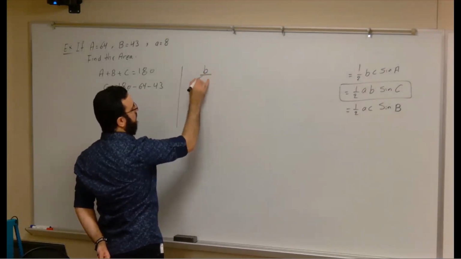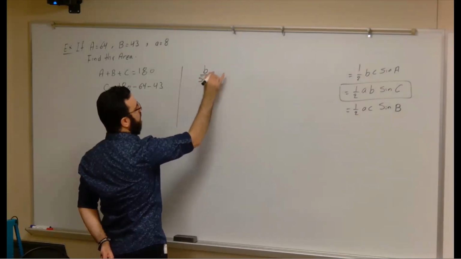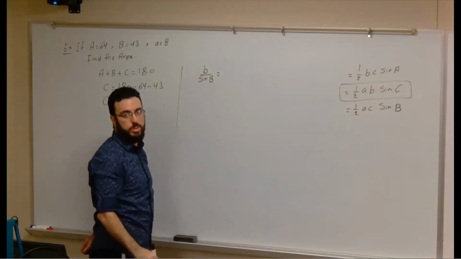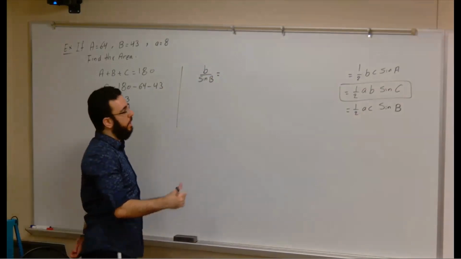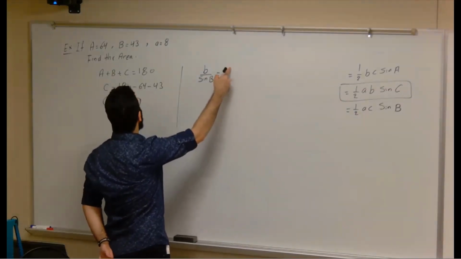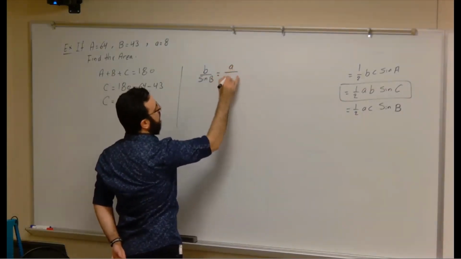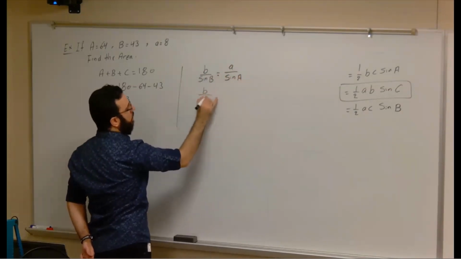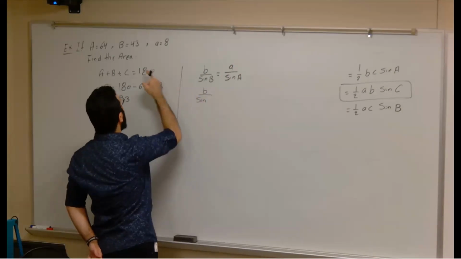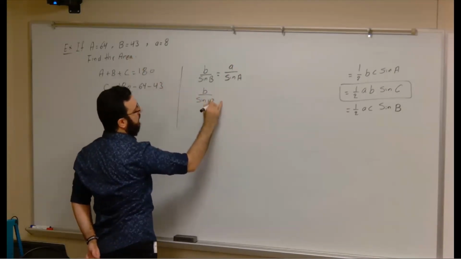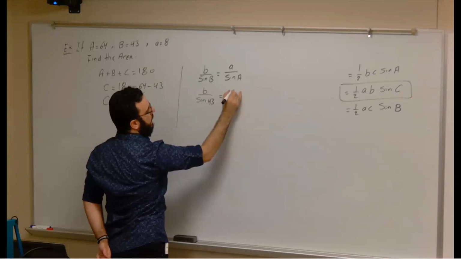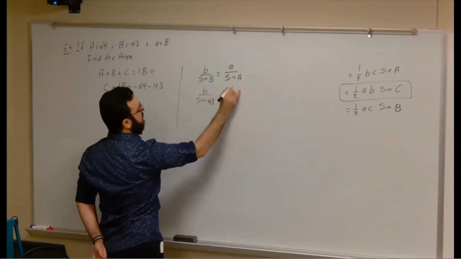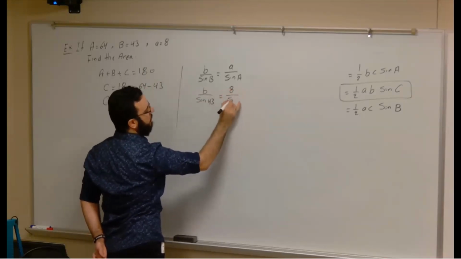B over sine B equals what? Which one are you gonna choose, A or B or C? Let's choose A because we don't have the side C. So A over sine A equals B over sine B: 8 over sine 64 equals B over sine 43.